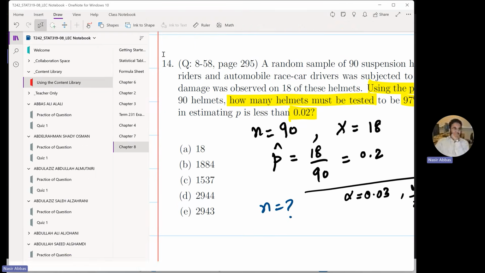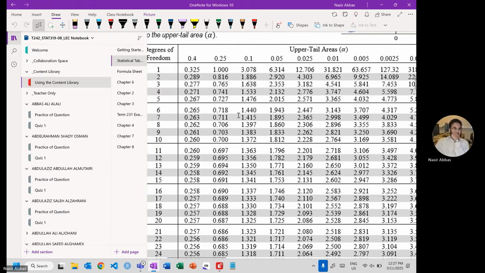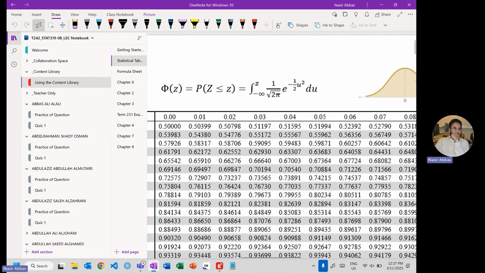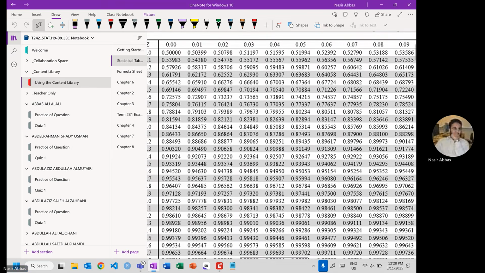Look for 0.985 inside the table. Is it there? Where is it? 0.985. 0.98.